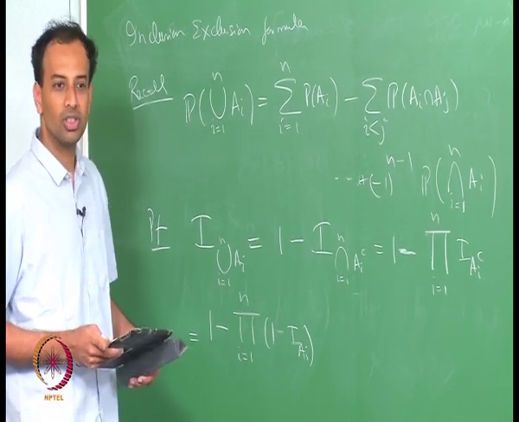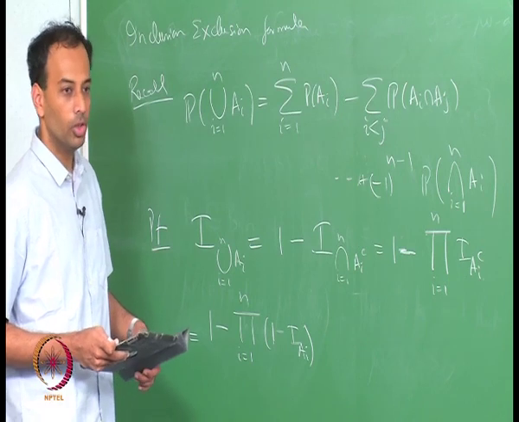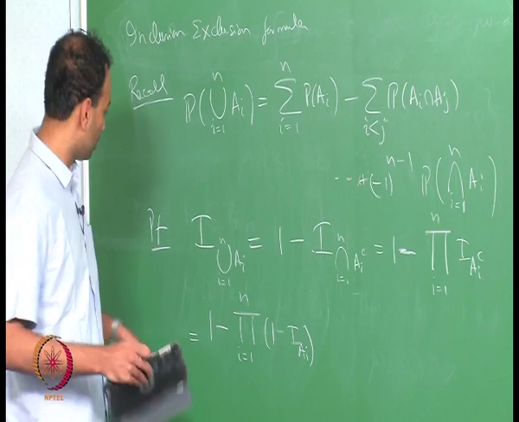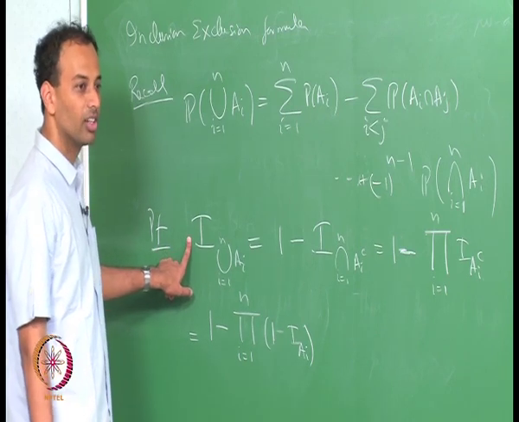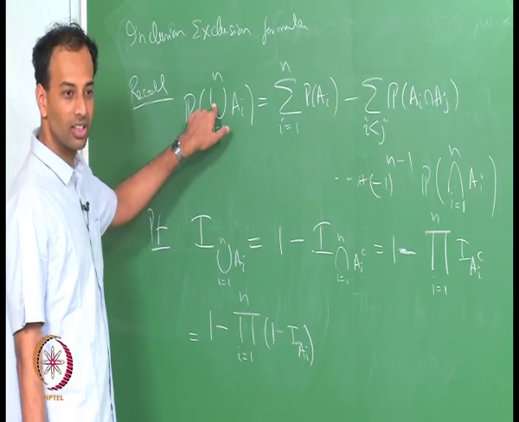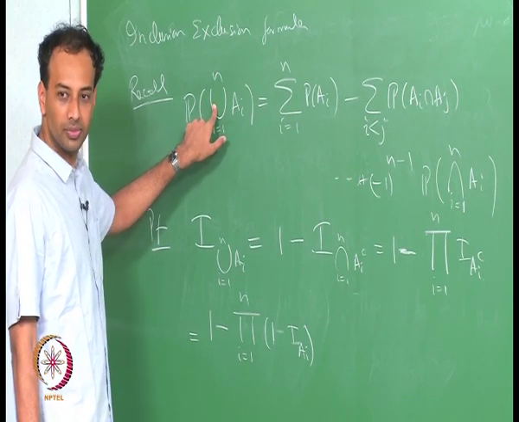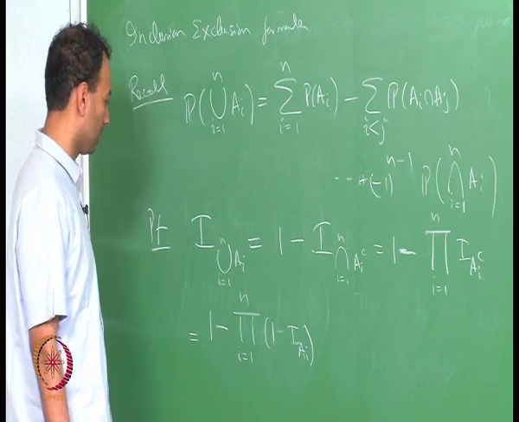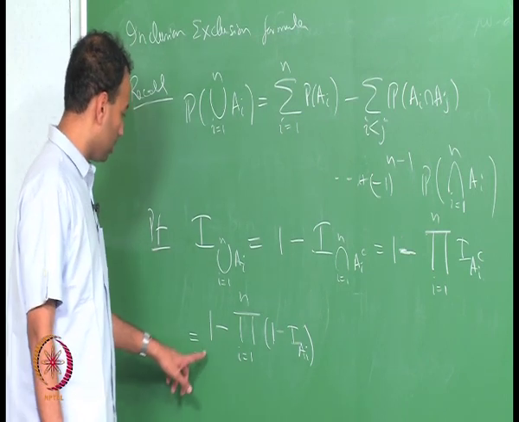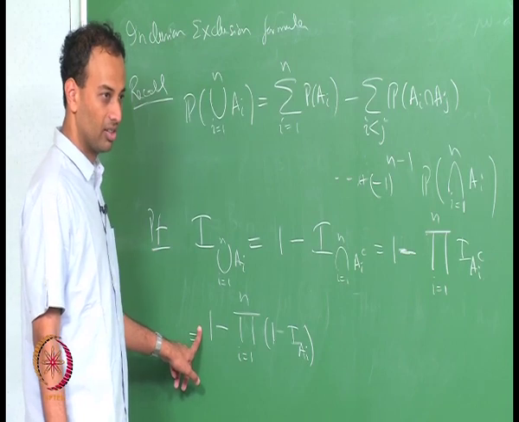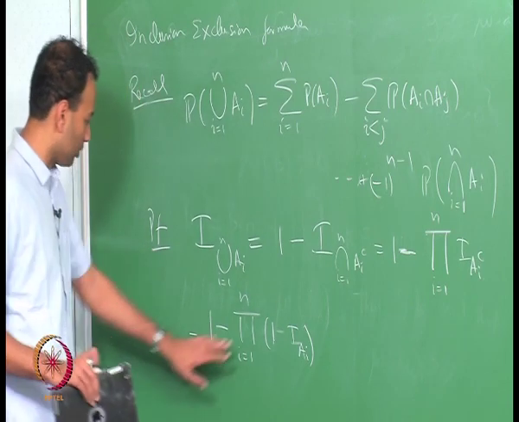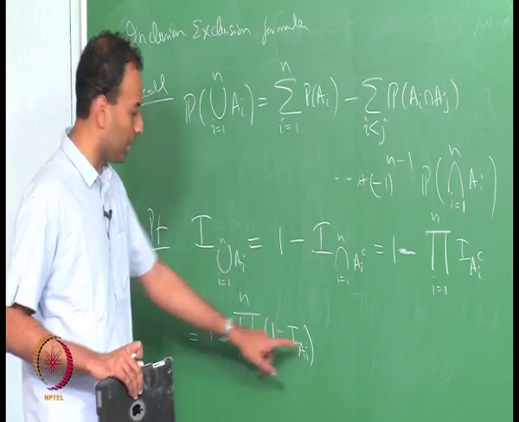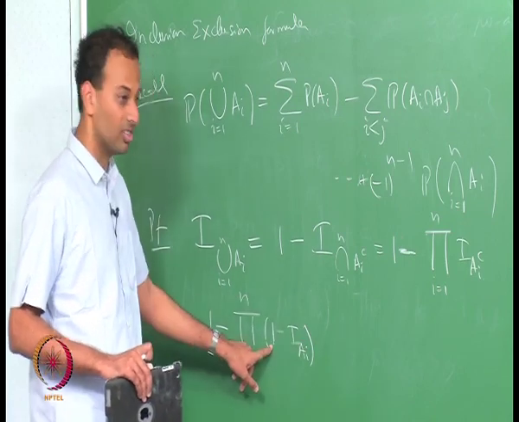Take expectations, because the expectation of the indicator of A is equal to the probability of A. So, you take expectations here and you get this, and then you have to take expectation on the other side as well.